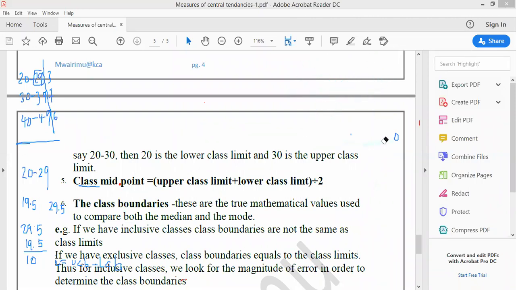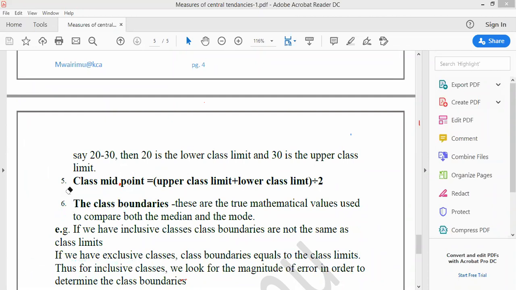You cannot get the mean of the distribution if you don't have what we call the class midpoint.